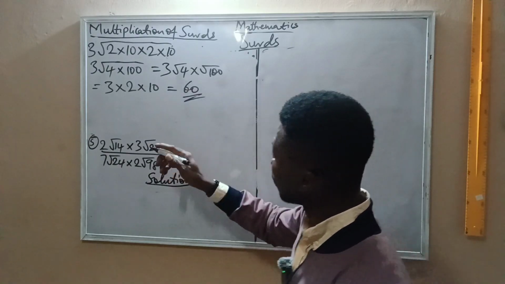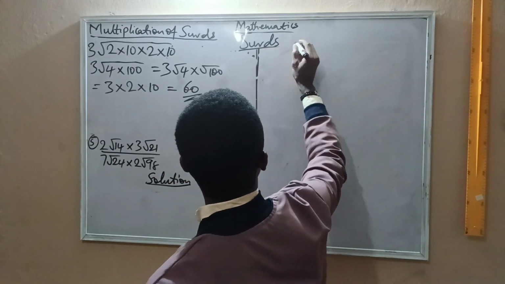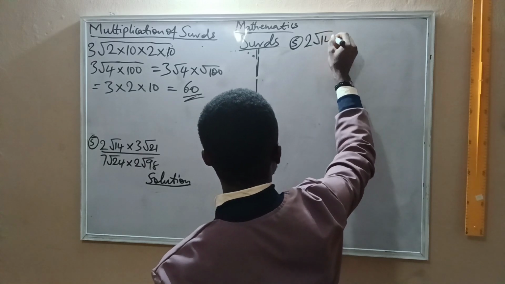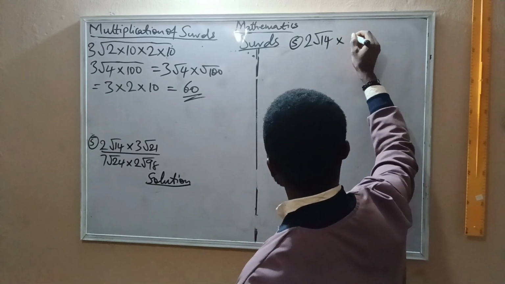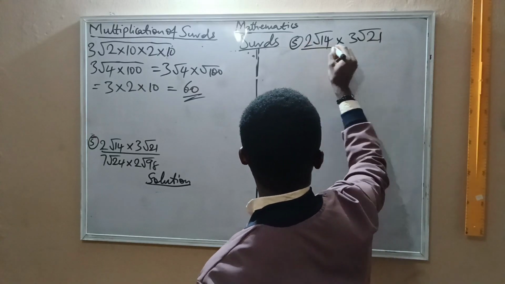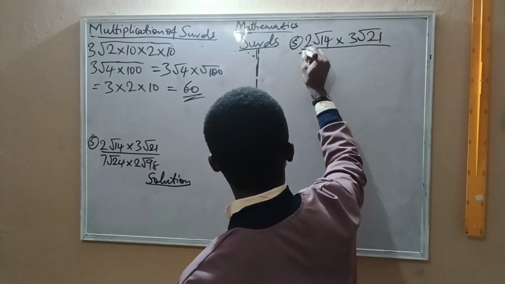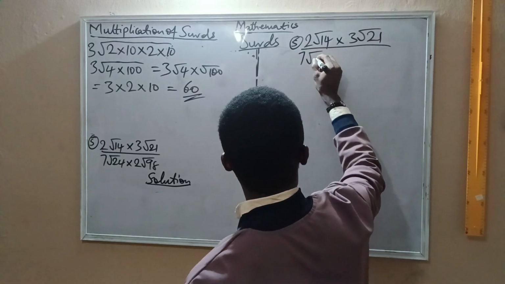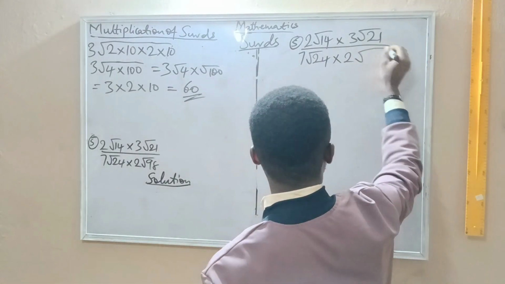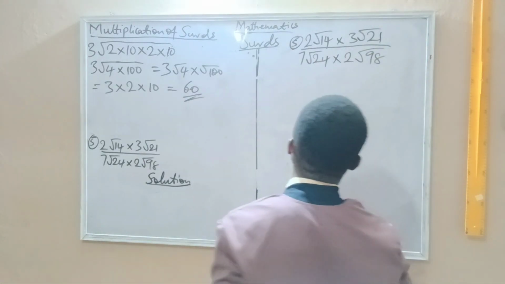The last one we have: 2 surd 14 multiplied by 3 surd 21 all over 7 surd 24 multiplied by 2 surd 98.